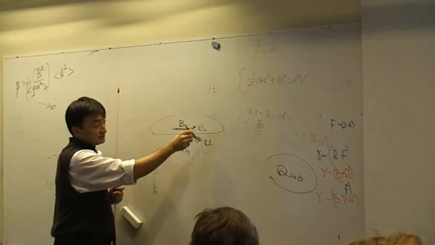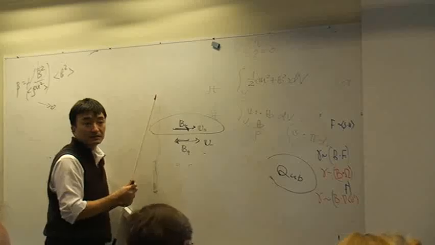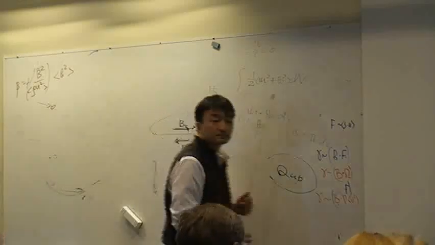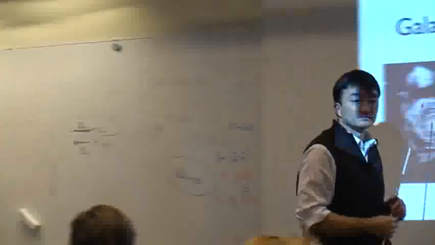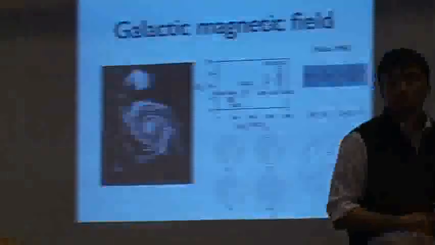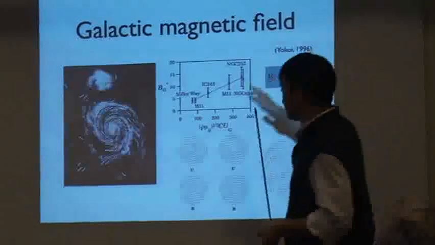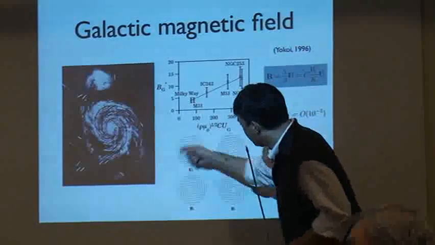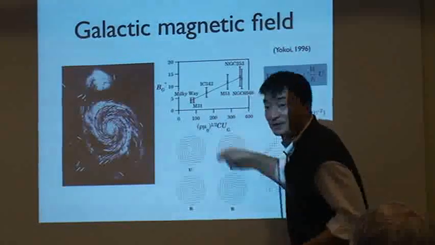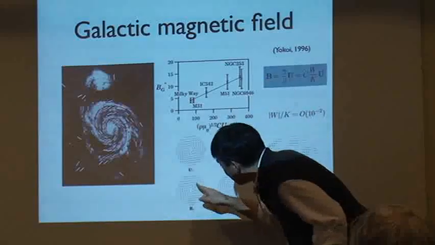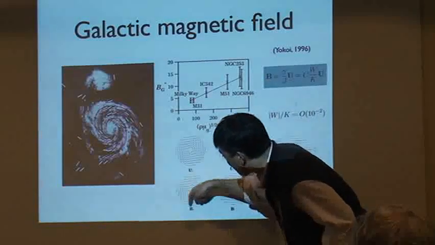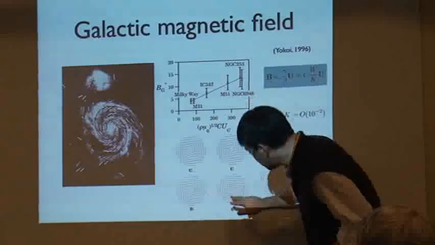But that means you need a different sign of U W in the two hemispheres. So with the same direction of velocity, it is very difficult. This is the positive cross-helicity case. This is negative.